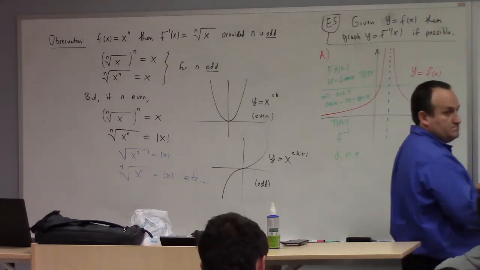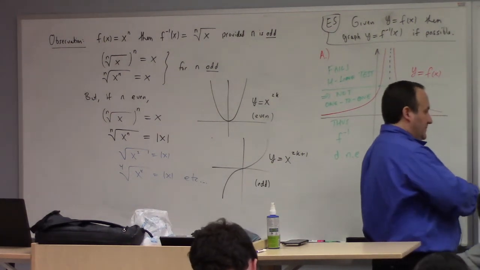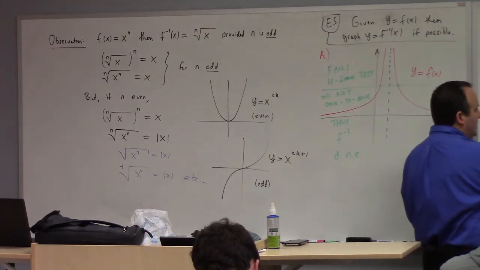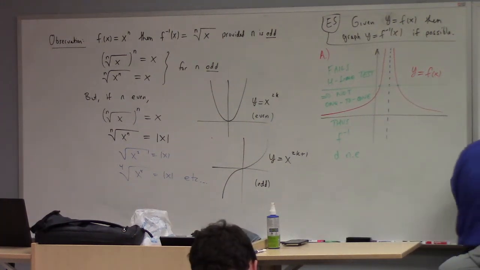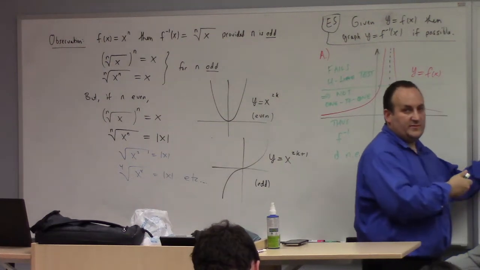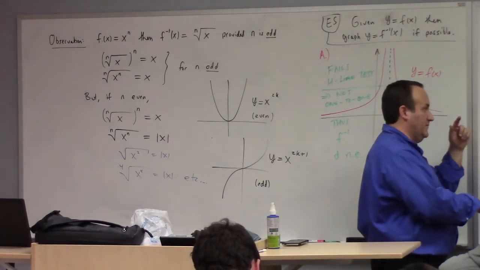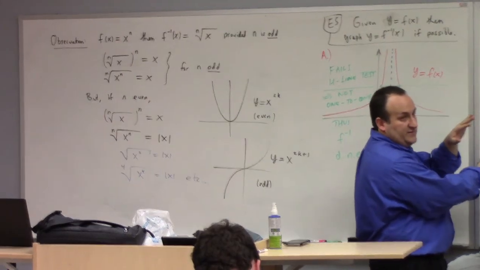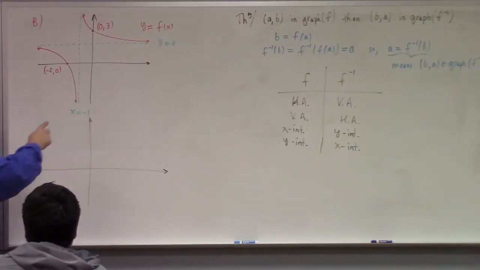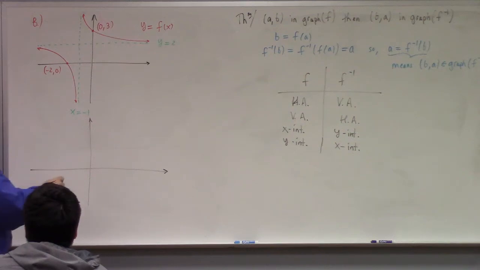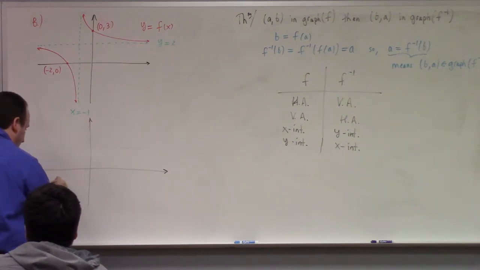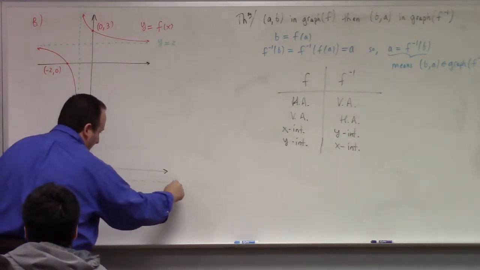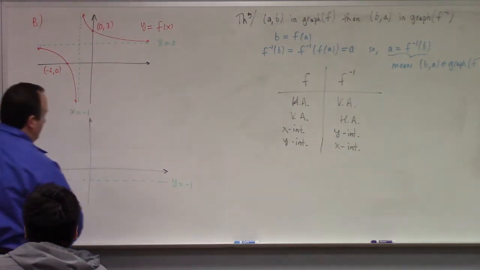All right. So like I have an x equals -1 vertical asymptote, and you'd have a horizontal asymptote of 1. Nope, there's no flipping plus and minus. We just change x to y. So we go y equals -1 instead. So y equals -1 is my new asymptote for the inverse function.